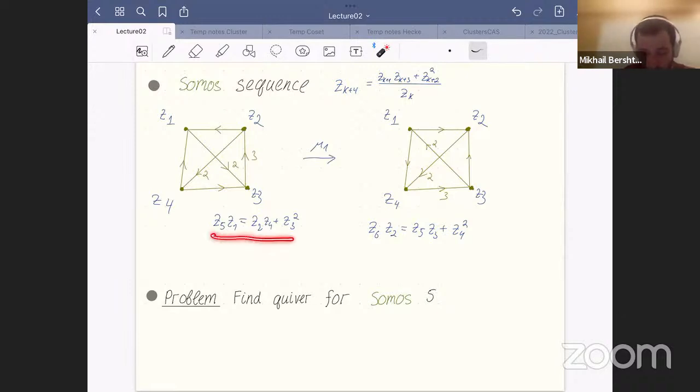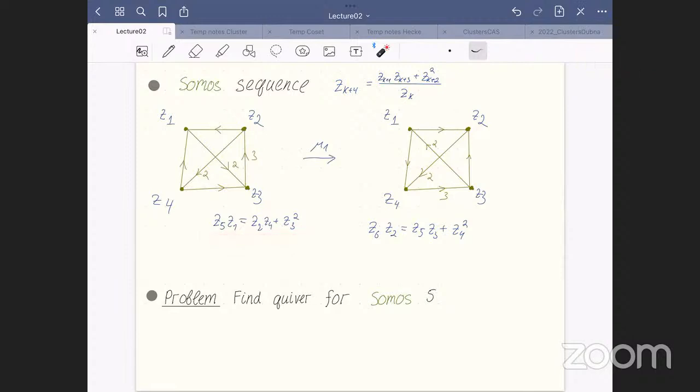So how do we get this formula? Yes. We have like 1 plus the product of Z2, Z3. Oh, sorry. The different orientations. So we have Z2. Okay. I understood. Thank you.